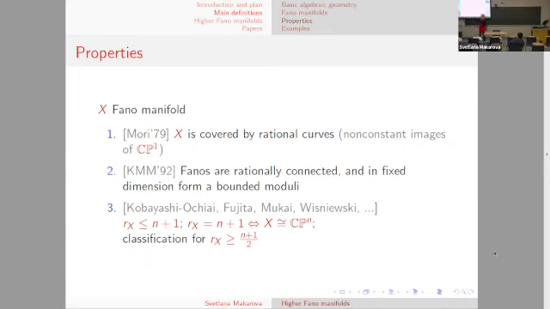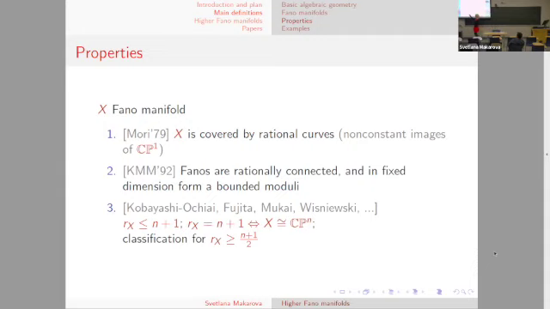So if we have a Fano variety of dimension n, then the determinant of its tangent bundle is divisible by at most n+1. And further, index is equal to n+1 exactly when X is isomorphic to CP^n, which is a pretty interesting characterization of projective spaces.